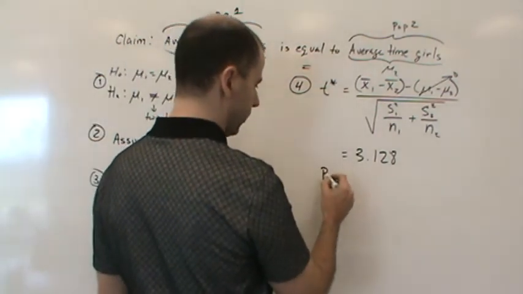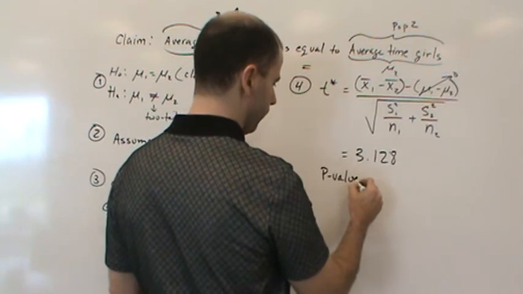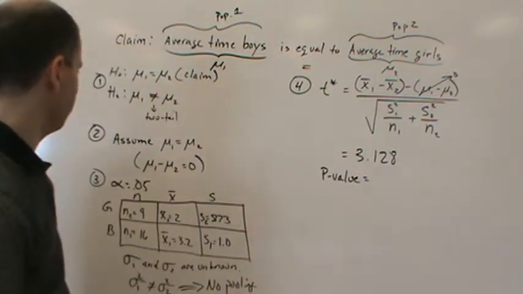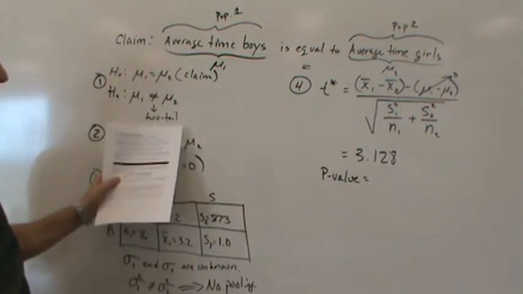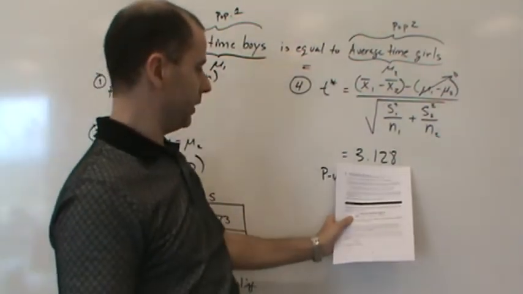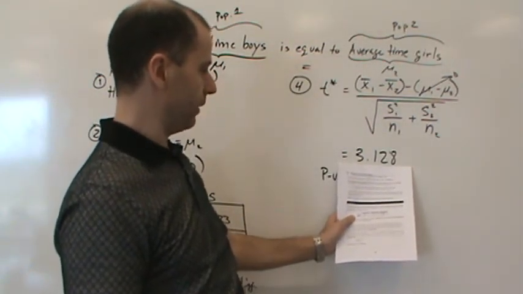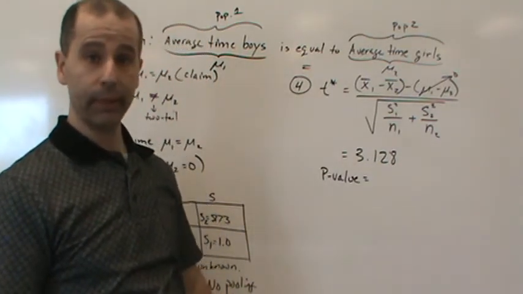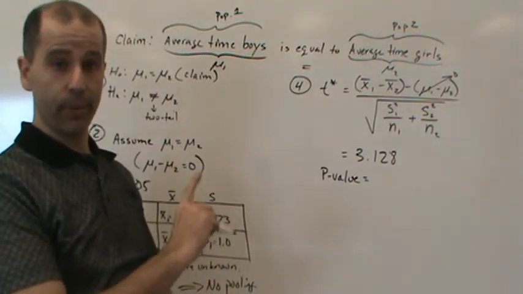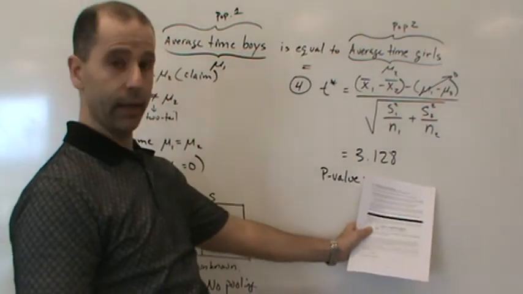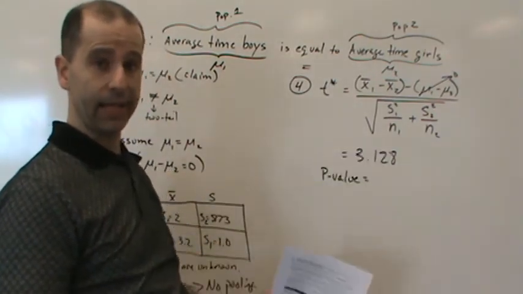The p-value here would equal the probability, since it's a two-tailed test, of being equal to or bigger than this, and then double that probability, because I have an area in both tails that I have to add together.